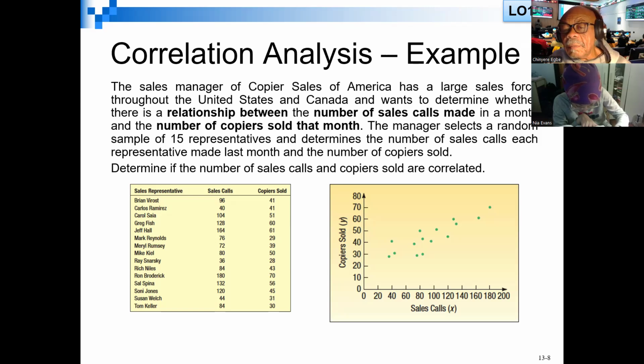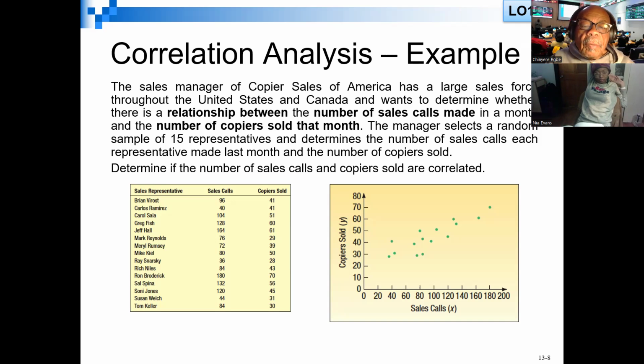Am I correct? That effort is measured in calls. They call people and say, we are selling copiers. Would you like to buy a copier? And somebody says, can you explain to me how the copier works and why I should buy one?